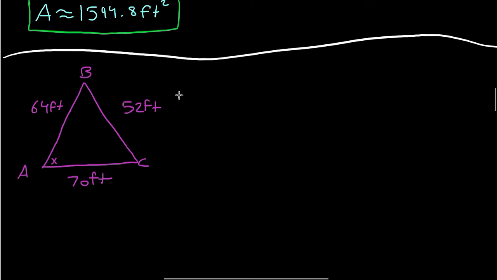So we're going to do the side opposite to 52: 52 squared is equal to 64 squared plus 70 squared minus 2 times 64 times 70 times the cosine of A, which is x.